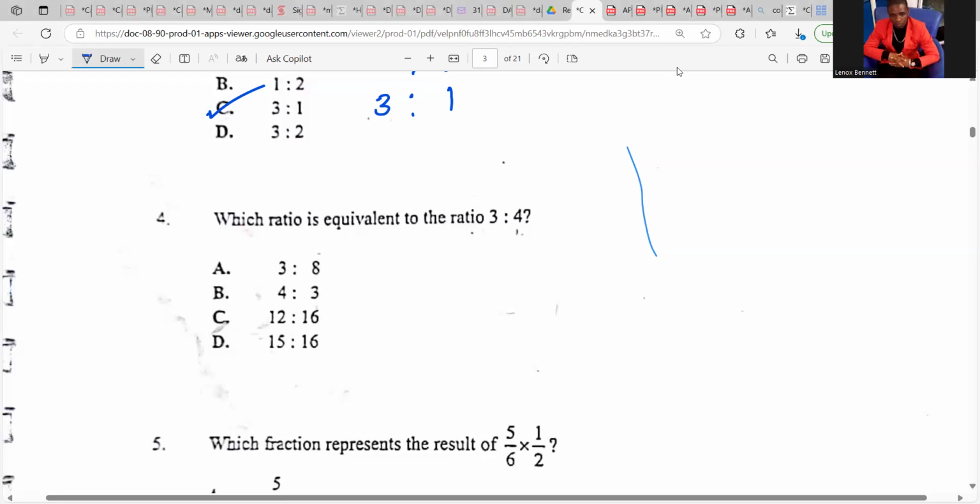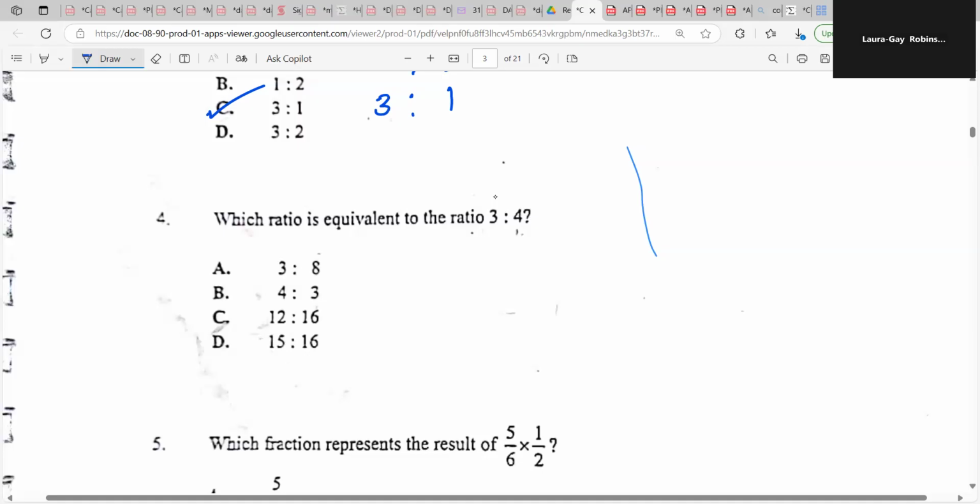All right, go ahead now, Laura. Okay, sir, some people might get this incorrect because of B, sir. B has the same digits as the ratio 3 to 4 because it's switched around.